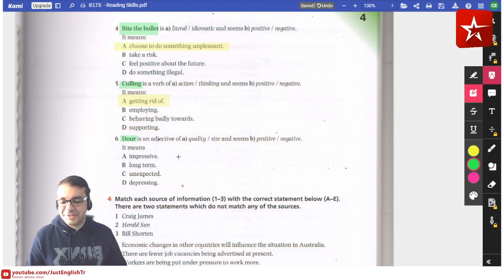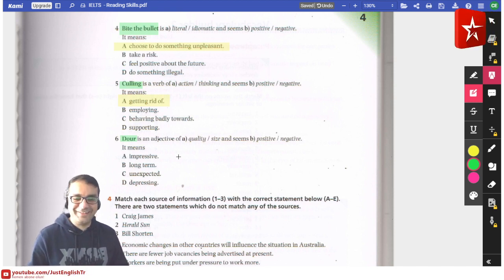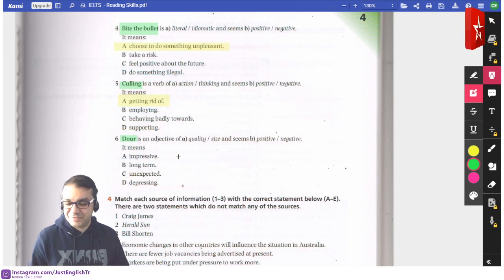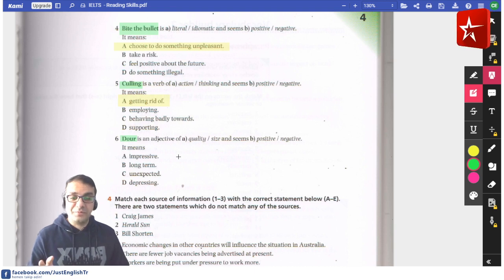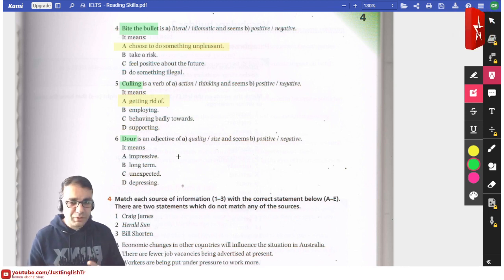Okay, answer, but I'm not sure, Dylan. That's good. At least you tried. That's fantastic, actually. So, last one. Is it quality or size? It's both adjective here, but is it quality or size or what? Is it positive or negative or what?